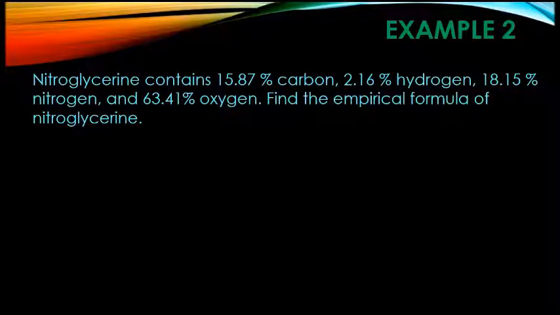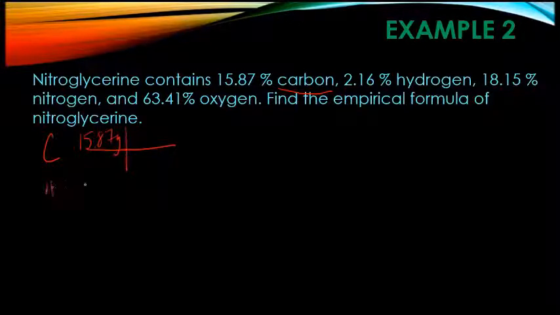Now, to complete this problem, I like to set it up as a nice little table, and I just follow the elements in order. I'm going to put carbon over here. The 15.87 grams is the carbon, and then I'm going to get ready to change that to moles.